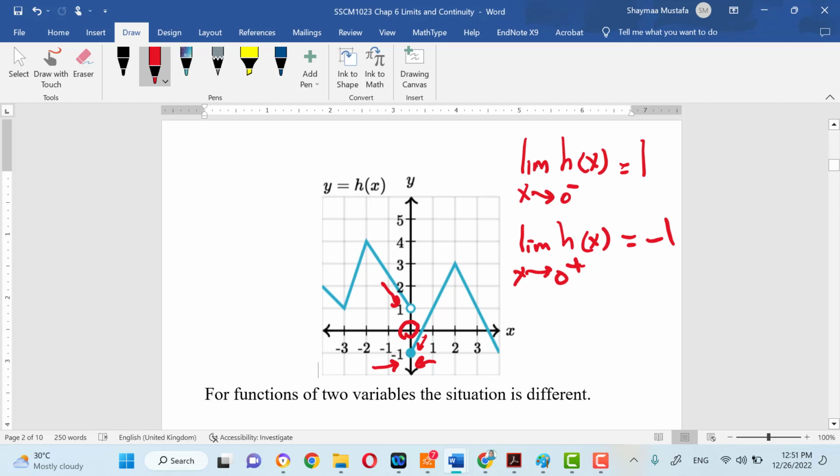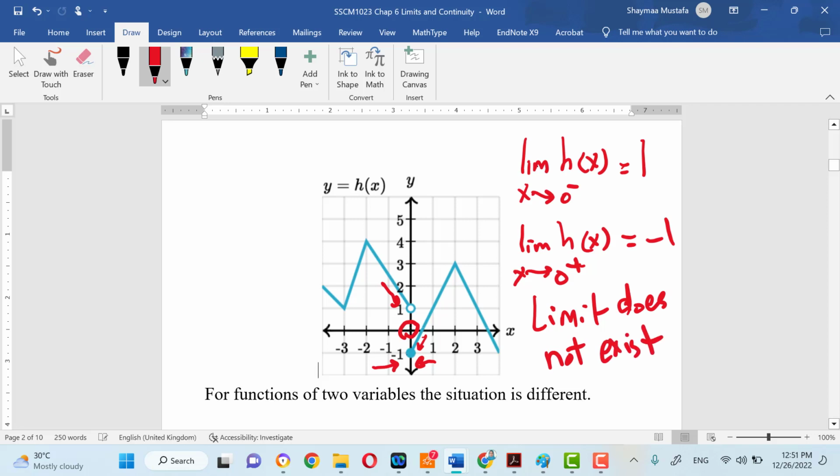Here the limit does not exist. The limit from the left is 1, while the limit from the right is -1, which means that the limits are different. So in this case, we say that the limit does not exist.